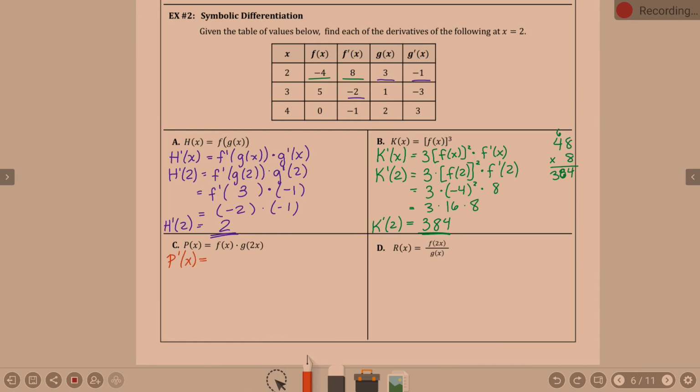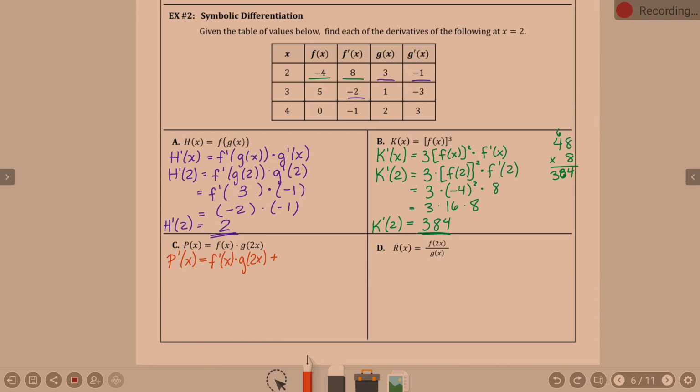P of x is f of x times g of 2x. Now we got product rule. It's kind of a combination. We've got a little bit of everything on this page, don't we? Okay, so product rule. How's product rule work? Okay, so f prime of x times g of 2x.